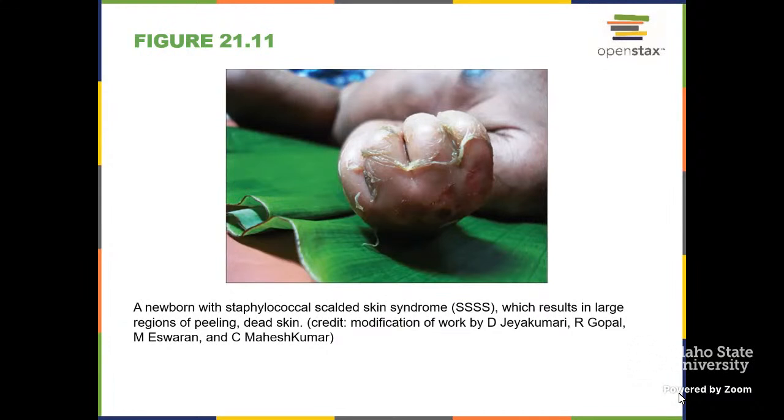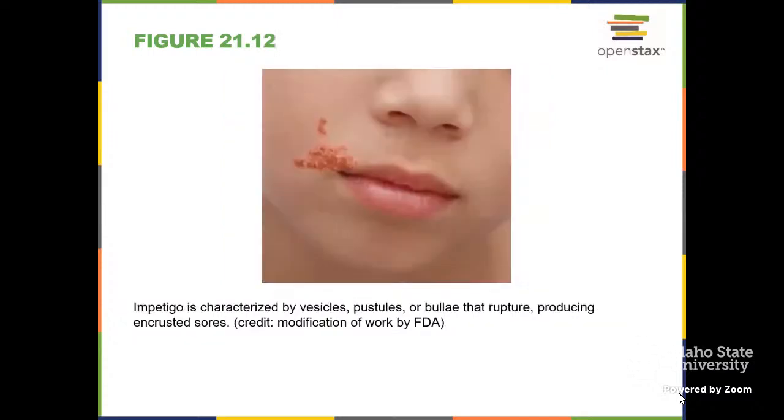There's some exfoliating toxins that Staphylococcus harbors that makes it slough off in these big patches. And as the name implies, it really kind of looks as if they were dipped in a big pot of boiling water, and the skin is just kind of peeling away. Disturbing for sure.